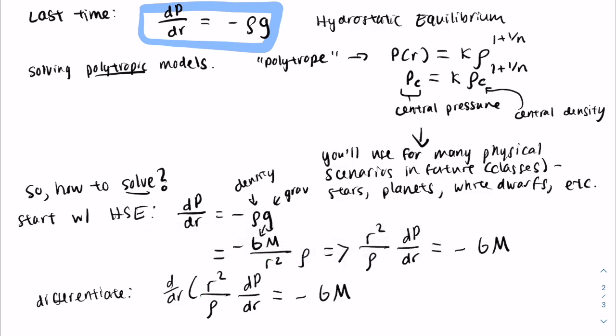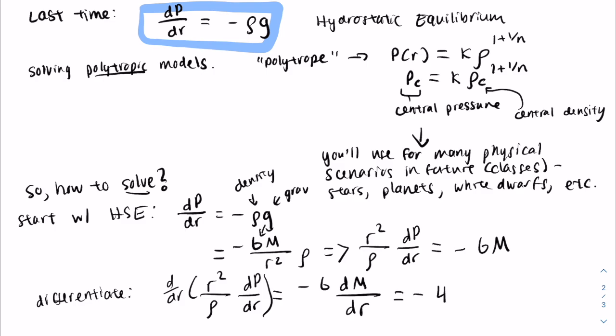I should also point out while I write this differentiation that in the polytrope, the constant k that relates the pressure with the density expression is generally fixed for a particular type of star, but it might vary from star to star.